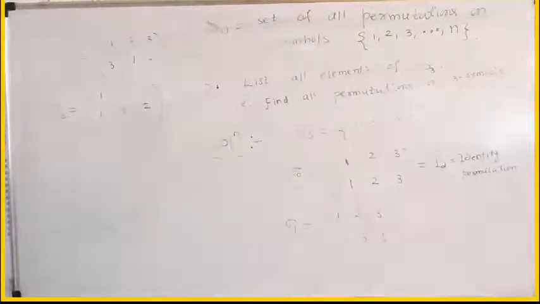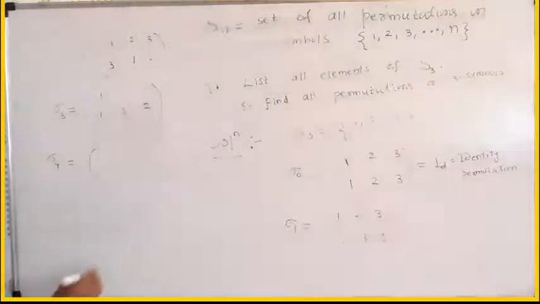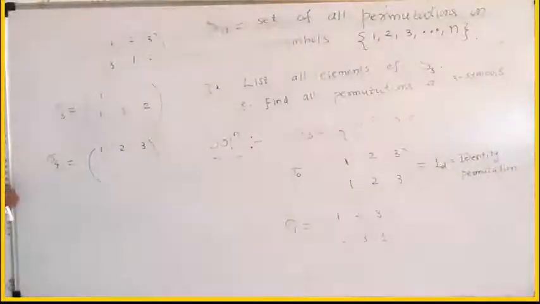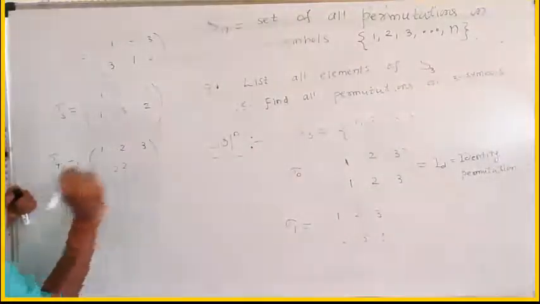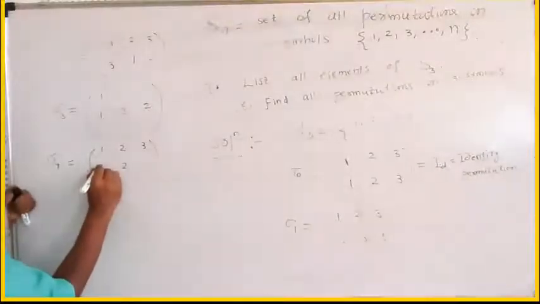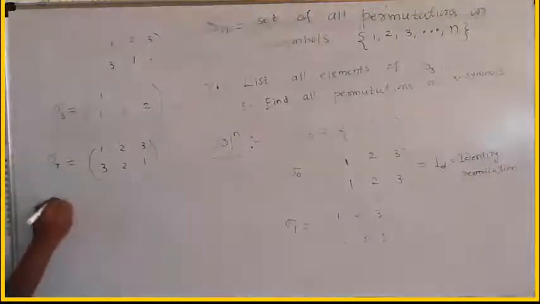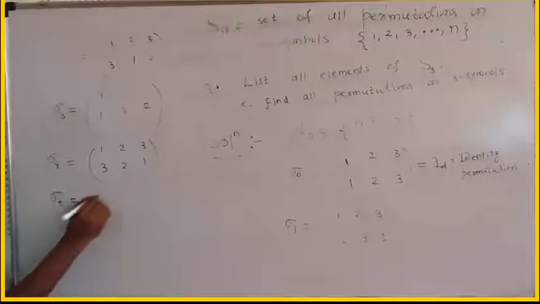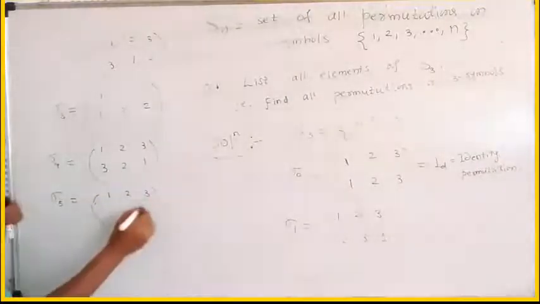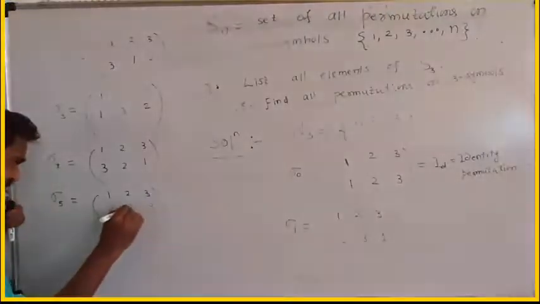Sigma 4: image of 2 is 2, image of 1 is 3, image of 3 is 1. Sigma 5: fix the image of 3 as 3 and interchange 1 and 2, image of 1 as 2, image of 2 as 1.